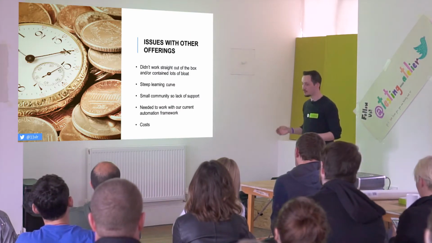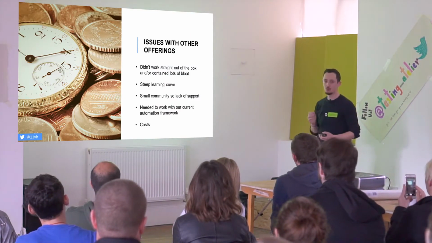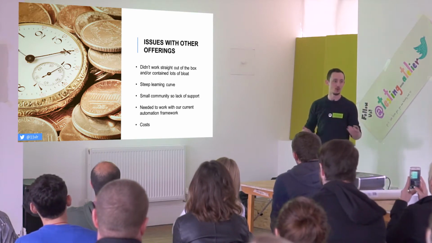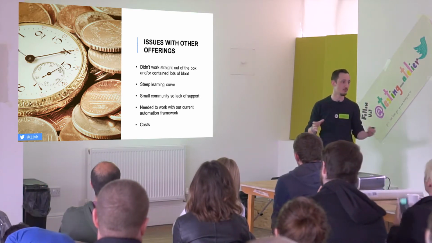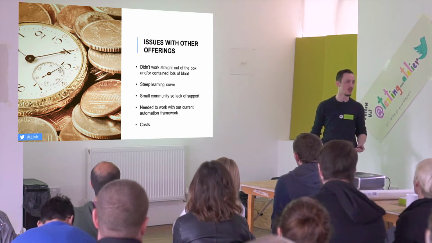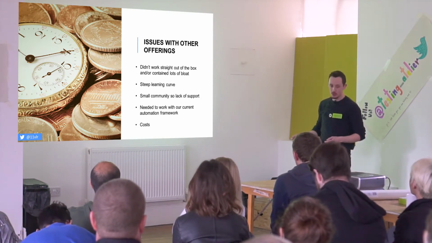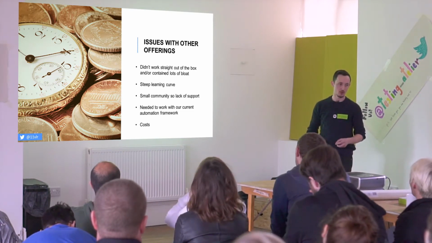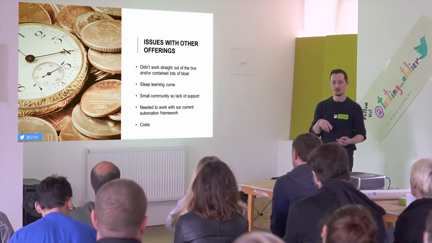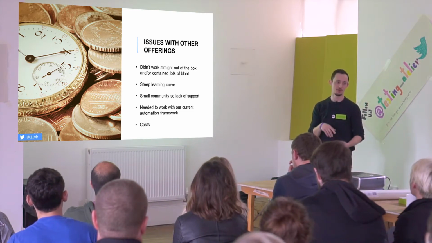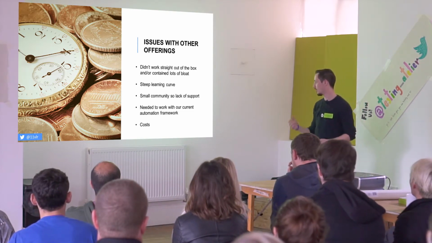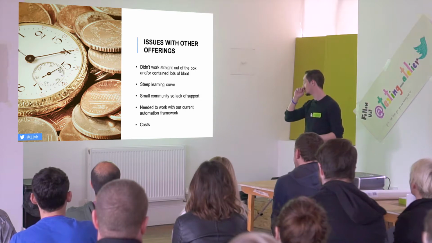The issue with other offerings for us was that they didn't work straight out of the box. They had a lot of bloat, and we already had a framework that had grown into a monster, and we didn't really want to just throw frameworks at it. It was a steep learning curve, and we needed the framework to work with our existing helpers. It had to be .NET C#, and it had to work with our current Cucumber solution.